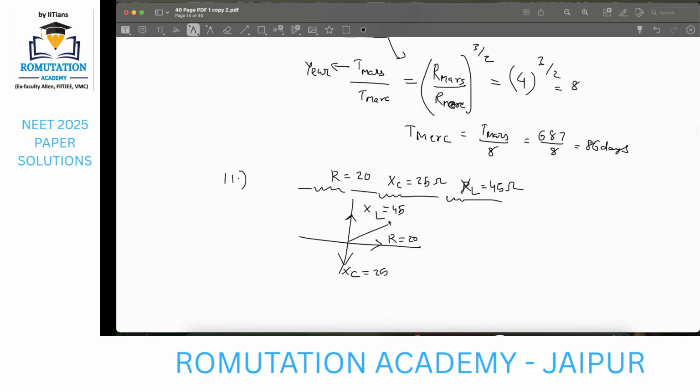So if I have to find the net here, that will lead me to some 5 over here, right? Because I know 45 is greater than 25. So I can calculate this tan phi easily by writing it as 45 minus 25 divided by 20. That should give me 5 by 4. So I believe this number should help me wherever required.